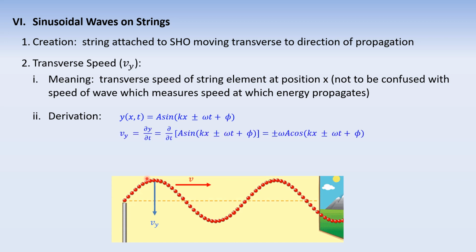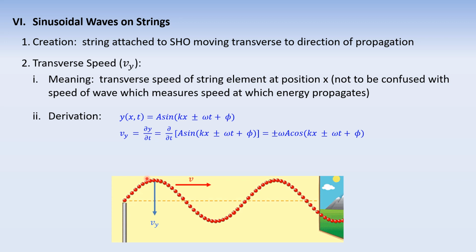So by taking that and differentiating it with respect to time, note here we take the partial derivative of y with respect to time because it is a function of two variables, both x and time. So we're treating x as a constant.